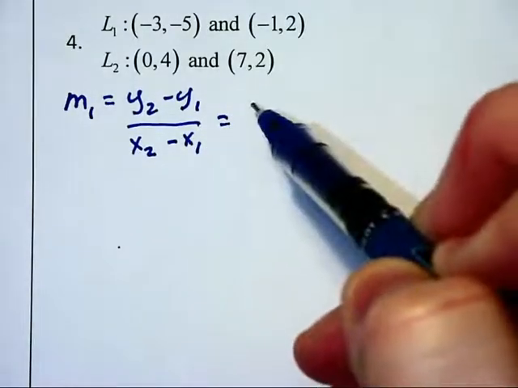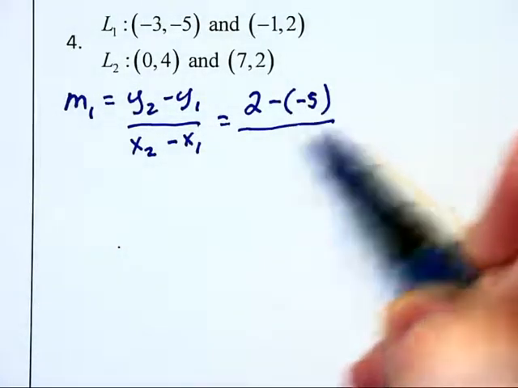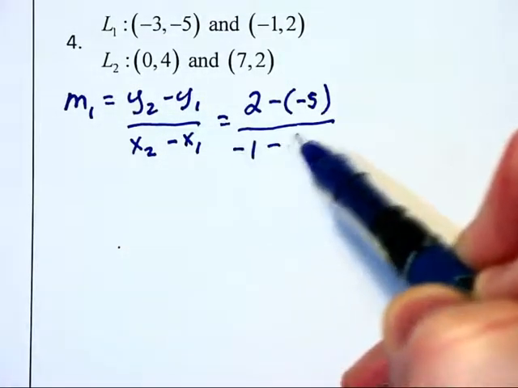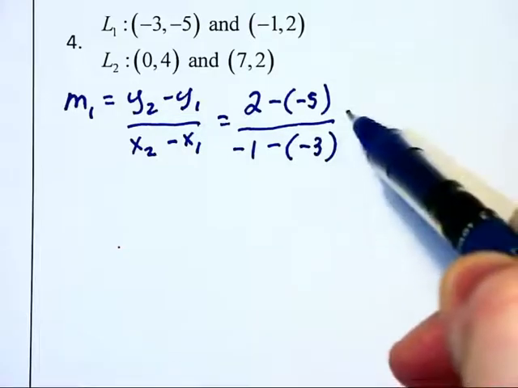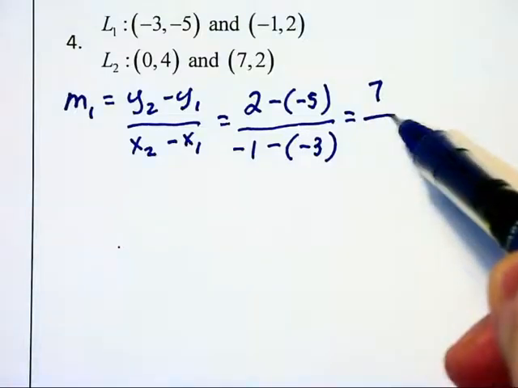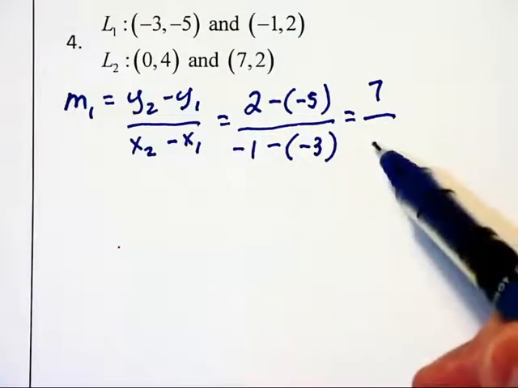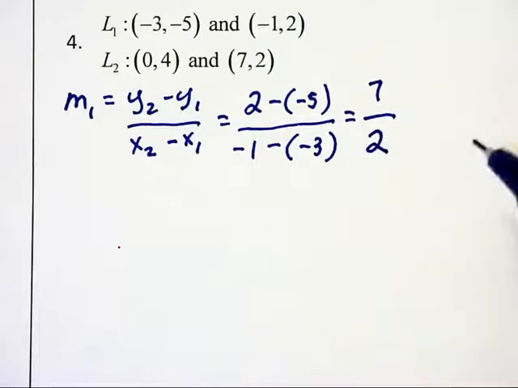And subtracting, I'm going to have 2 minus a -5 divided by -1 minus a -3. We get 7 in the numerator because whenever we subtract a negative we add, and in the denominator we have -1 plus 3, which is 2. And so the slope of the first line is 7/2.